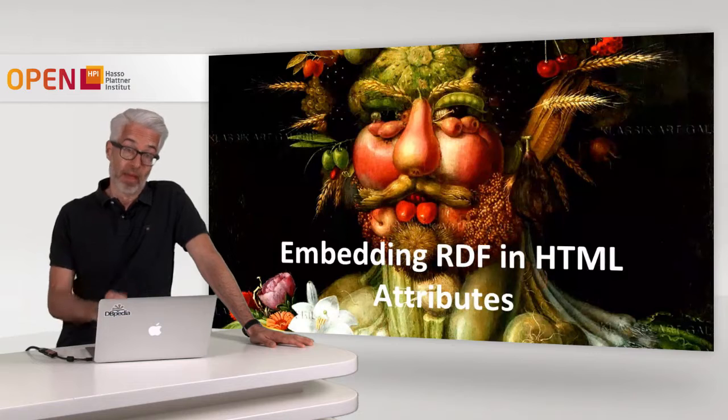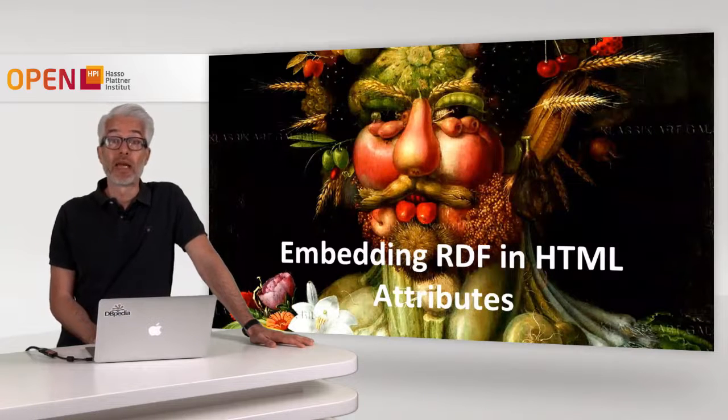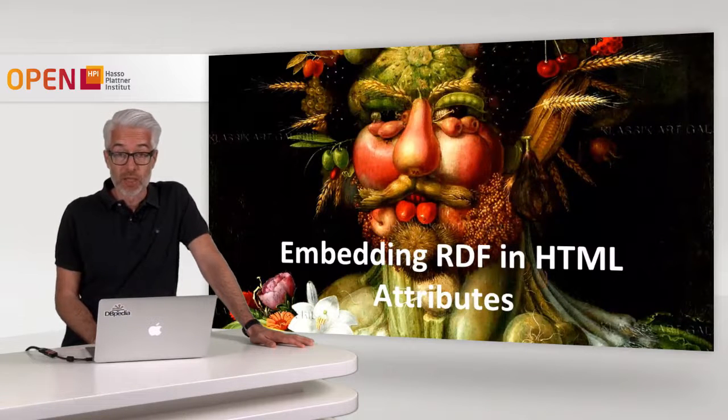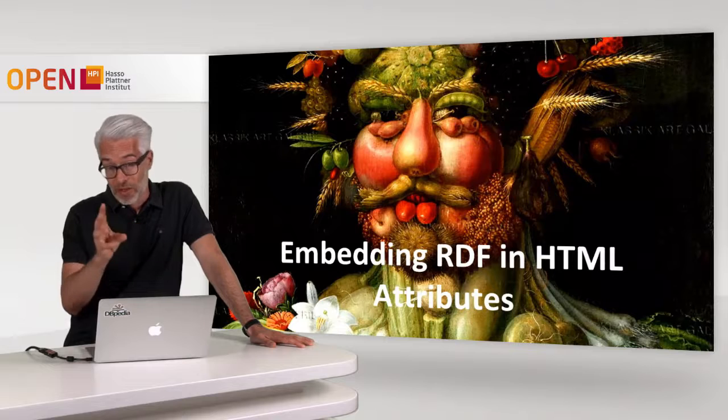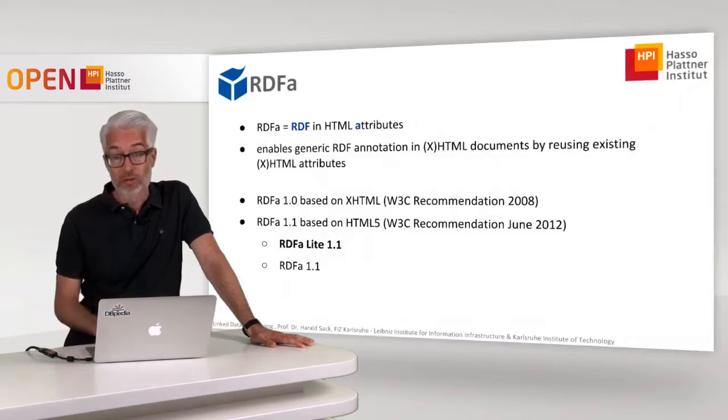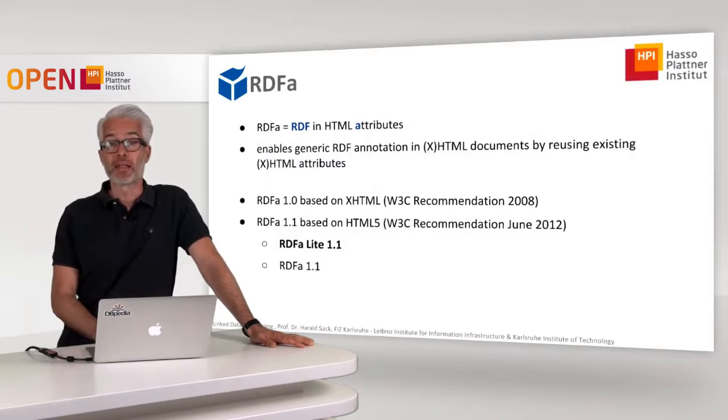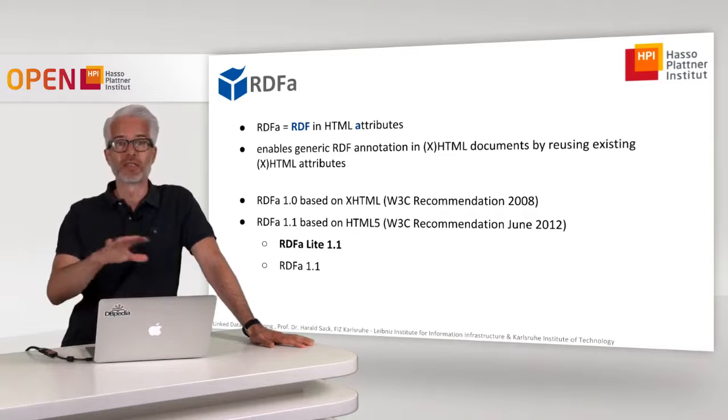So, how do we put RDF in HTML? What we are using, of course, is also attributes. But the solution the community came up with is RDFa. In RDFa, first they reused existing HTML attributes, and now they are defining new attributes to avoid these kinds of clashes.